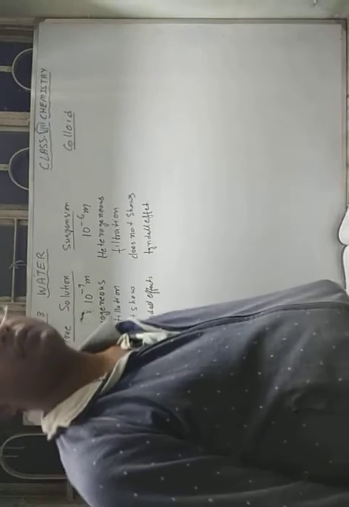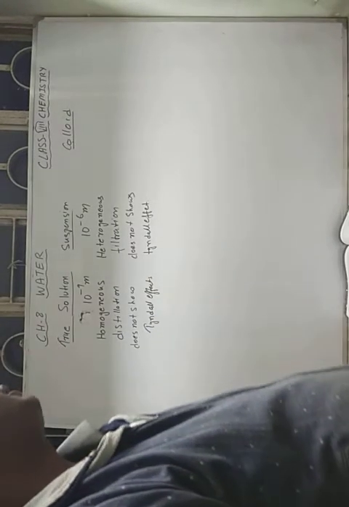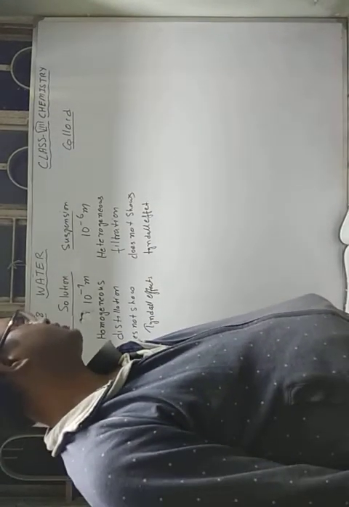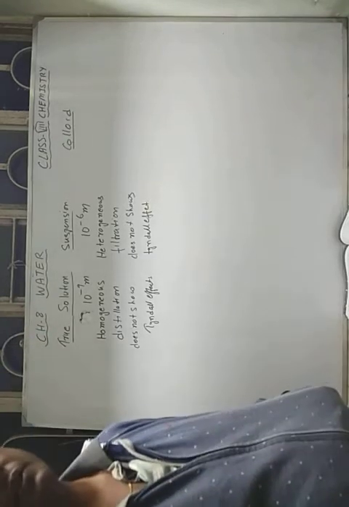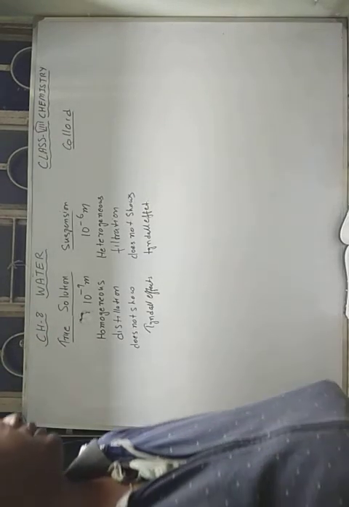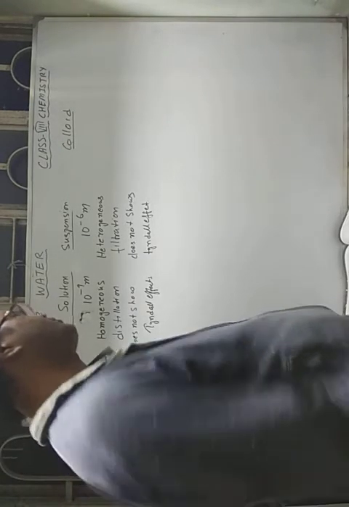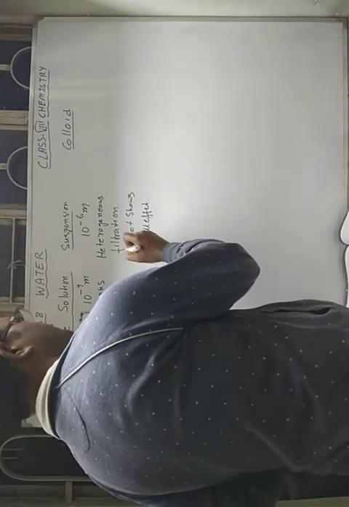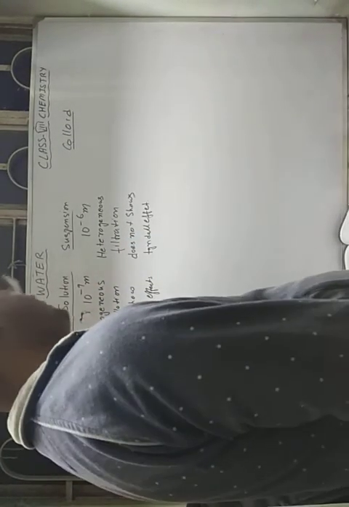In a suspension, the particle size is 10 to the power minus 6 meter. It is a heterogeneous mixture whose components can be separated by filtration, and it does not show any Tyndall effect.